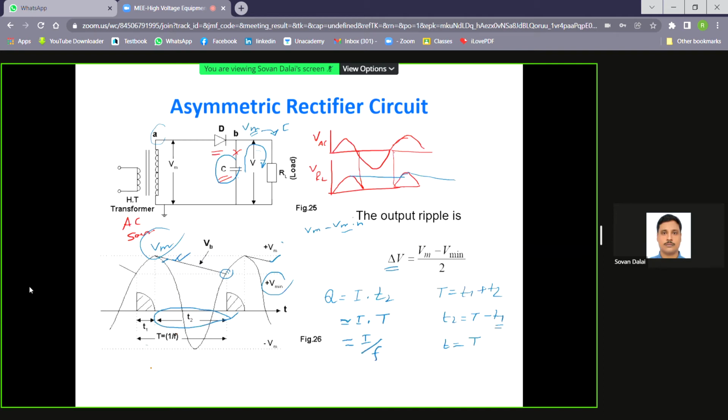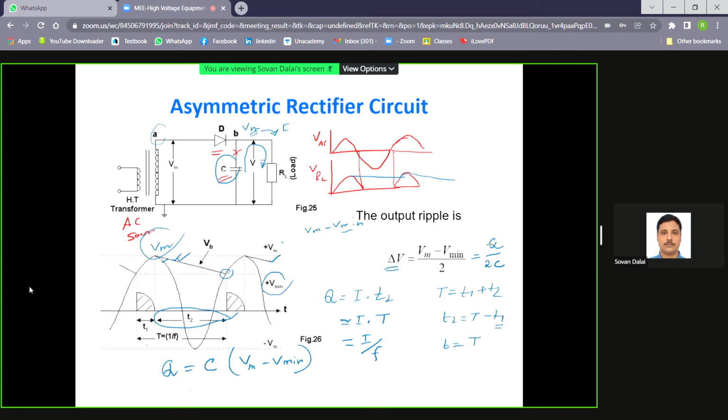Also, in terms of voltage drop, we can represent that amount of charge transfer as C into delta V, that is C into Vm minus V min. So now if I want to represent delta V, Vm minus V min, we can write from here Q by C, that is Q by 2C.